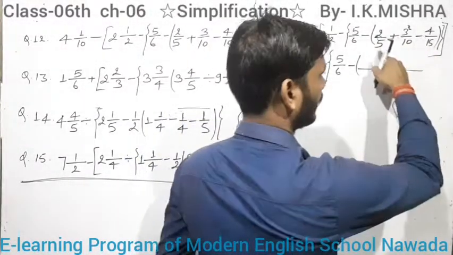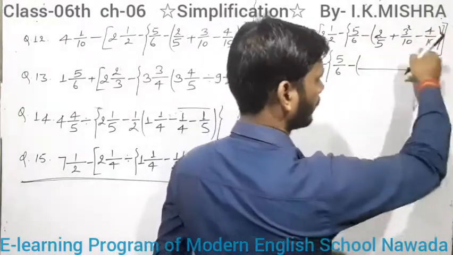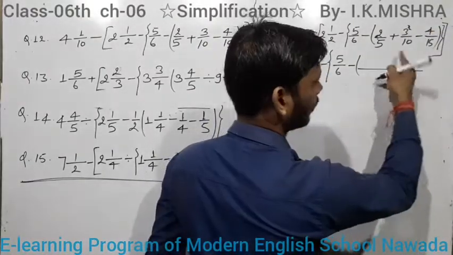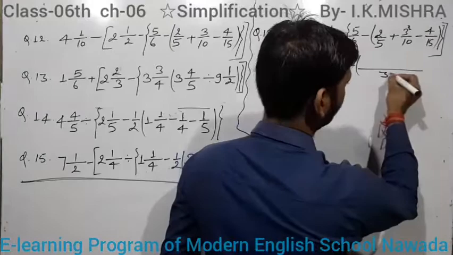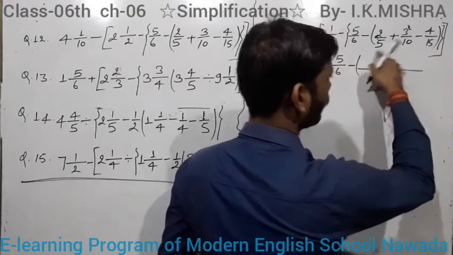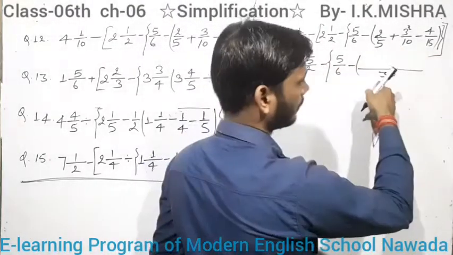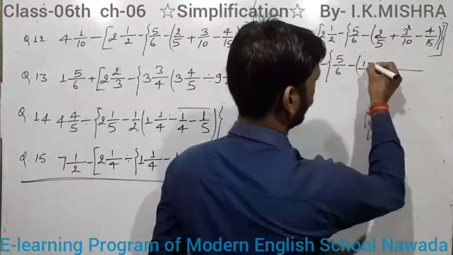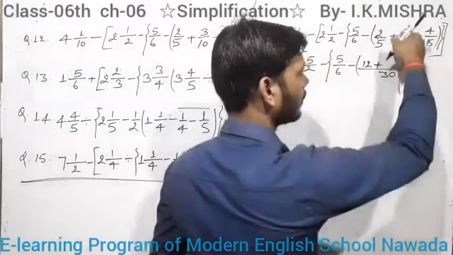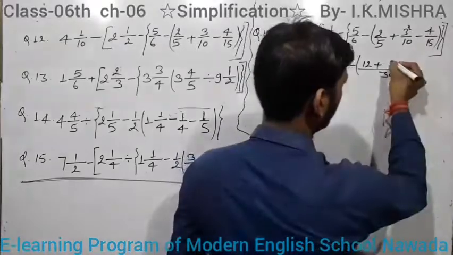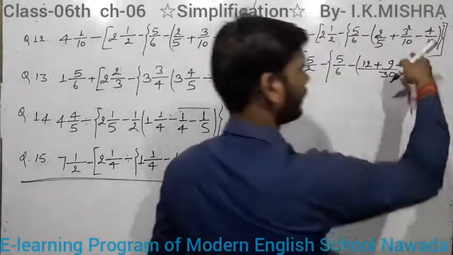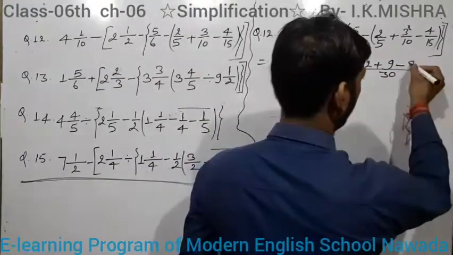Here all of these are proper fractions, and here LCM is equal to 30. Divide it 6 times and get 12 plus, students, 3 times and get 9, and minus 2 times and get 8.